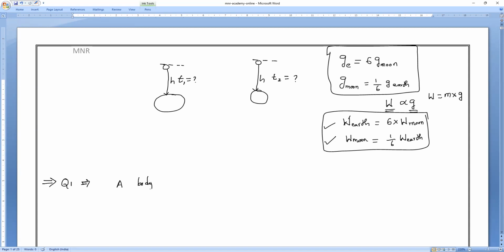A body released from height h takes t seconds, or t time, to reach the earth surface. This is the most important chapter, even for your future classes, for NEET or JEE, whatever it is. It is also an interesting topic.